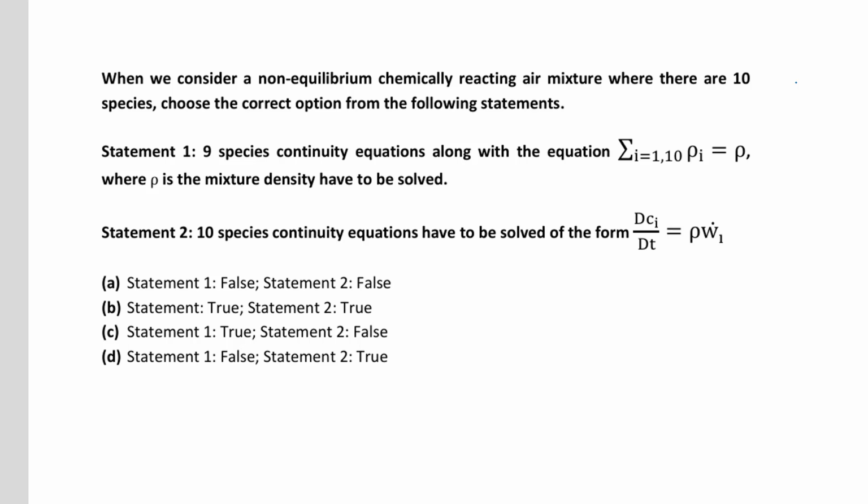Statement 1. 9 species continuity equations along with the equation sigma i equal to 1 to 10, rho i equal to rho, where rho is mixture density, have to be solved. Statement 2. 10 species continuity equations have to be solved of the form d c i upon dt equal to rho w i dot. Option A, statement 1 false, statement 2 false. Option B, statement 1 true, statement 2 true. Option C, statement 1 true, statement 2 false. Option D, statement 1 false, statement 2 true.